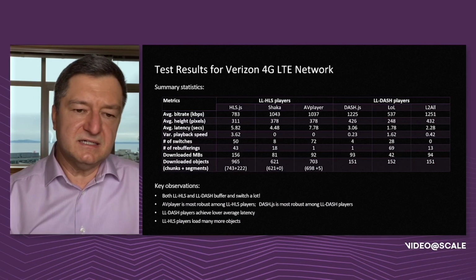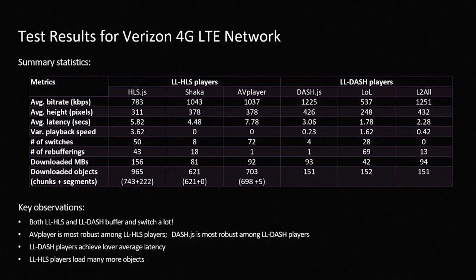So this is a snapshot of the dynamics that we observed, and these are summary statistics. In addition to the couple of metrics I just showed, we actually measured about 7 different parameters. We looked at average bitrate, average pixel count in terms of, for example, video height as delivered, average latency, variation of playback speed, number of switches, number of rebuffering events, total amount of data downloaded, and total requests made to download data.